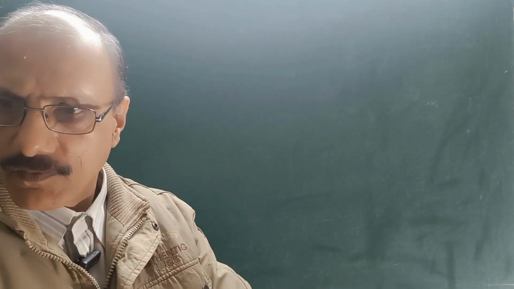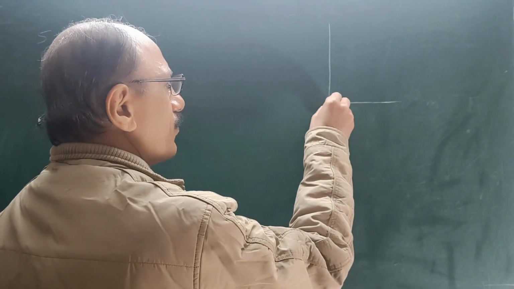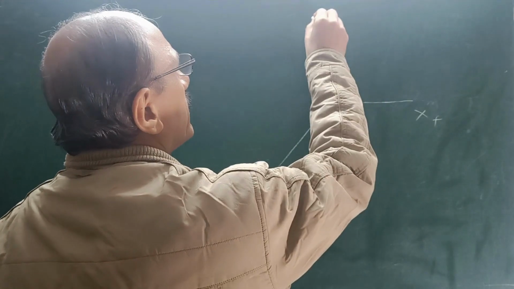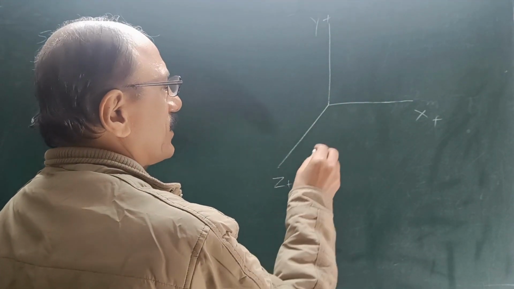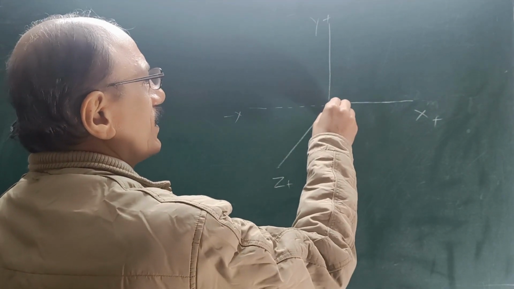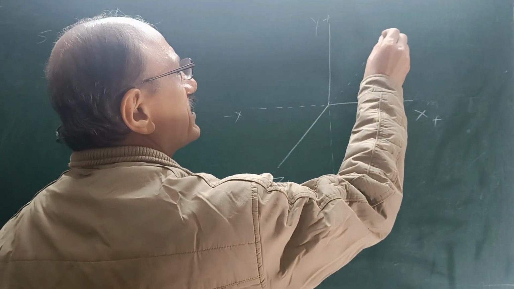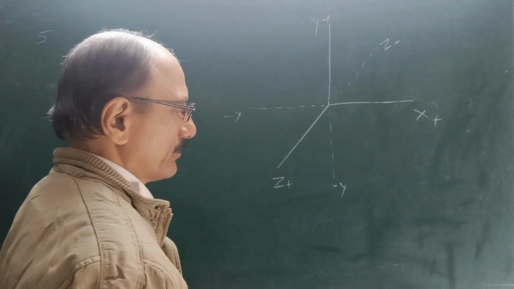Here we have a three-dimensional coordinate system. This is the x-axis positive, this is the y-axis positive, this is the z-axis positive. So this will be negative x, this will be negative y, and into the board, that is the paper, that is negative z.